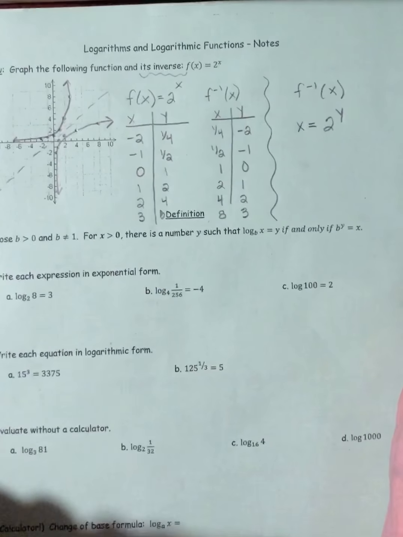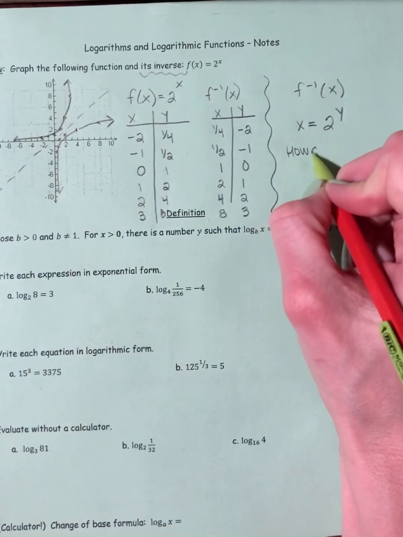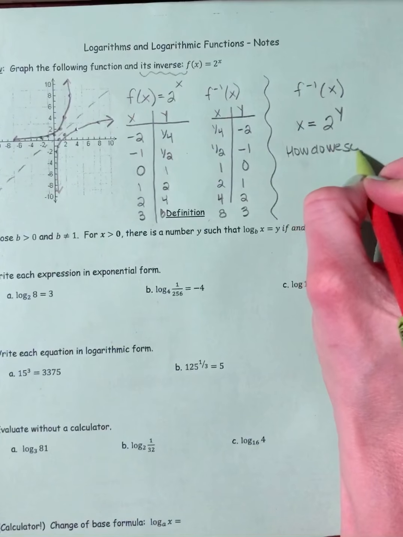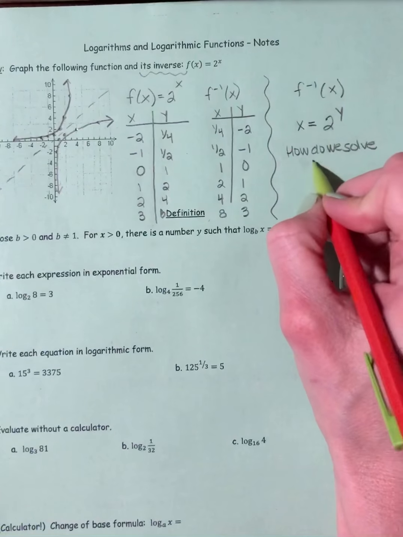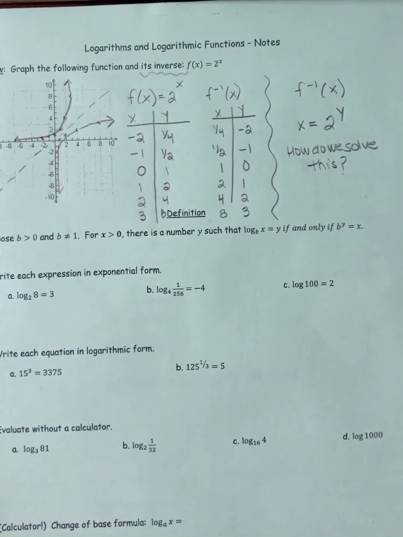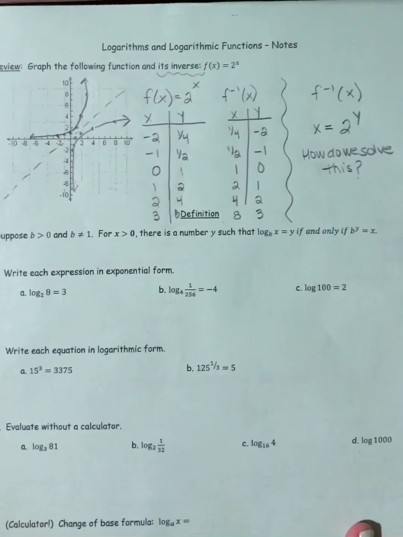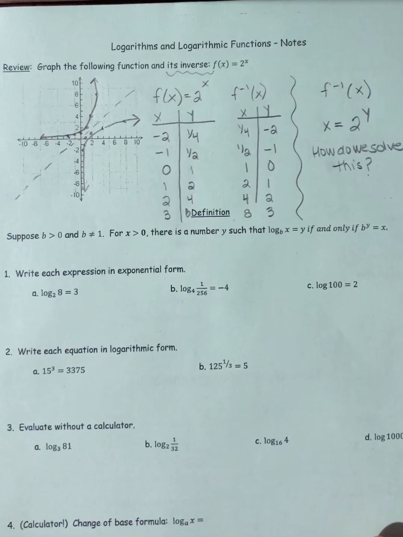Well, I need to solve this function for y. Well, how are we going to solve this? We can't take the y-th root of something. So instead, we have to use what's called a logarithm.